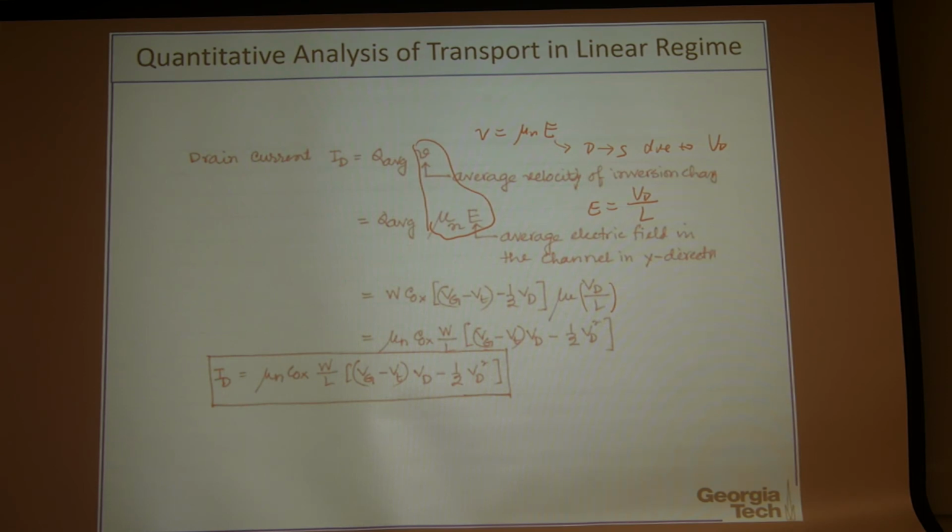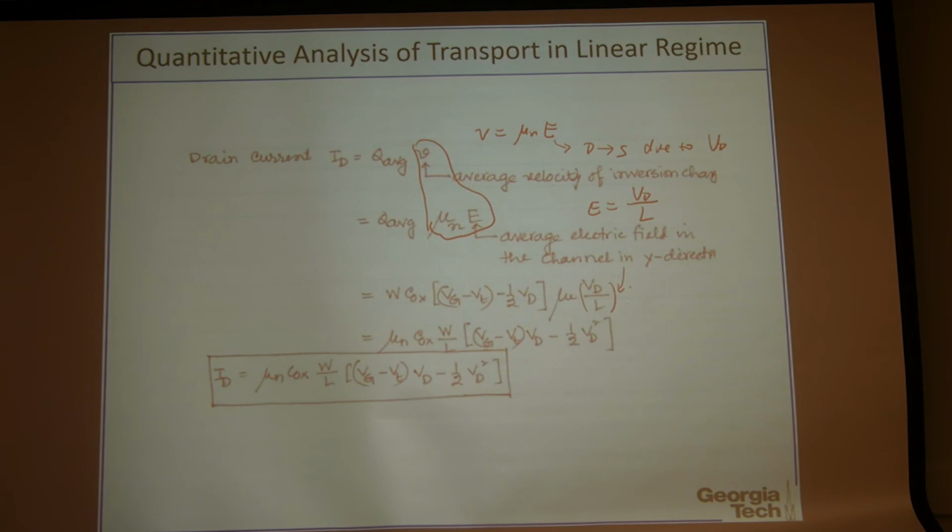So it will be this Vd divided by L. So you get this. And then you can rearrange this a little bit. Eventually, you will get the equation in this box. So that is the current for the MOSFET.